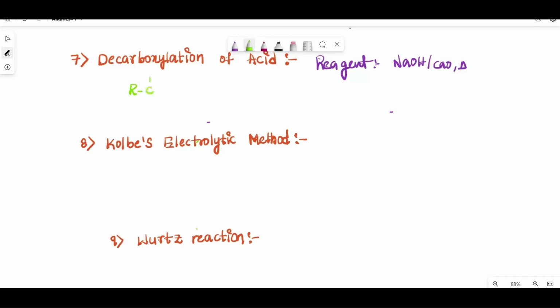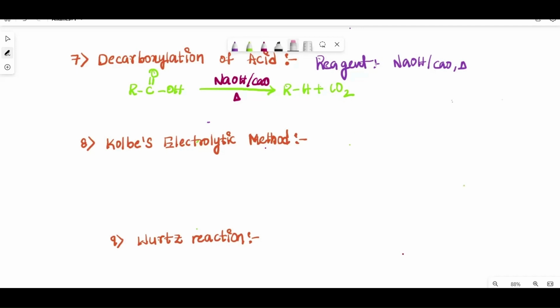R C double bond O OH. Here we have this acid. We have to use this reagent here, NaOH, CaO, heat. Then we will get alkane RH. Here CO2 will be released. This is also called soda lime decarboxylation.